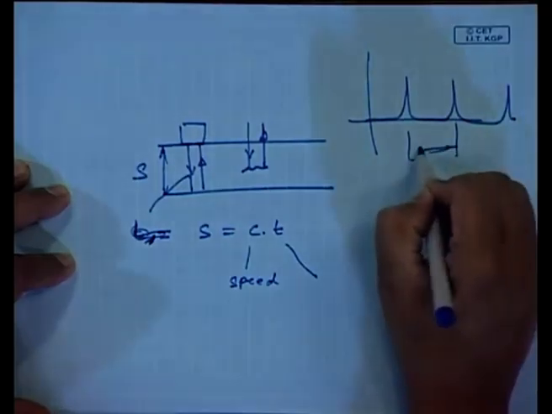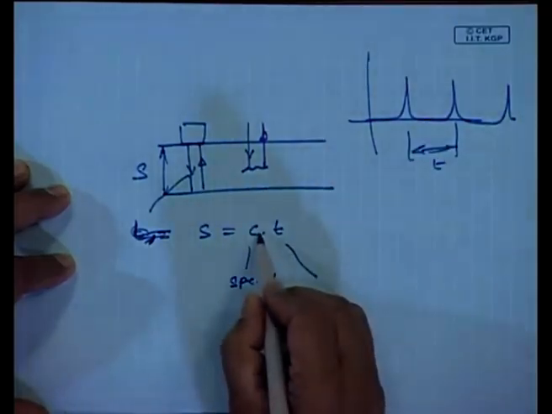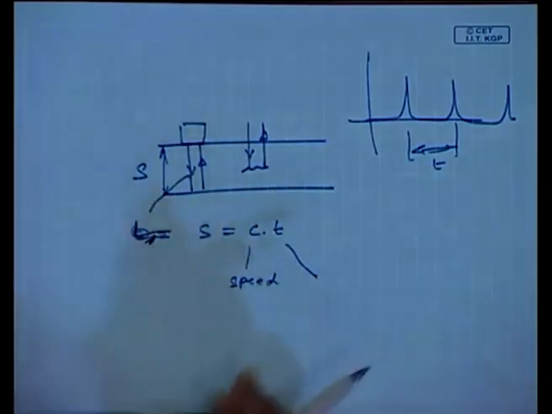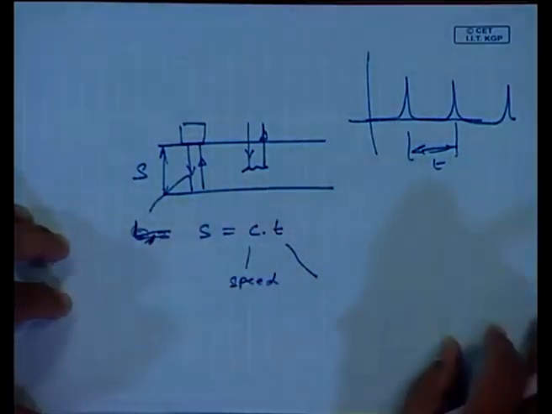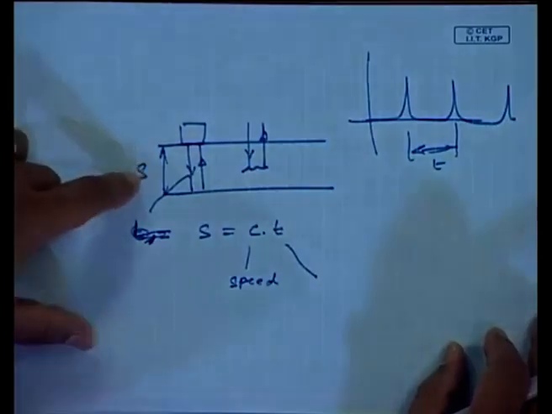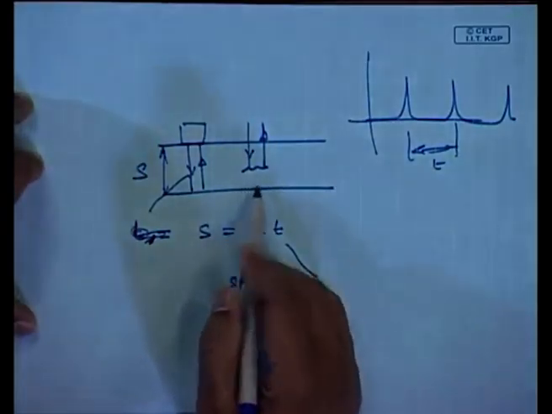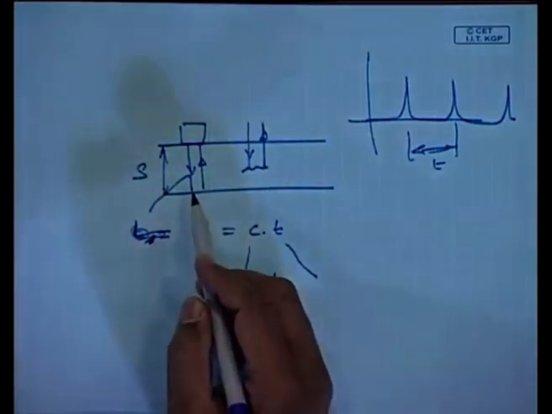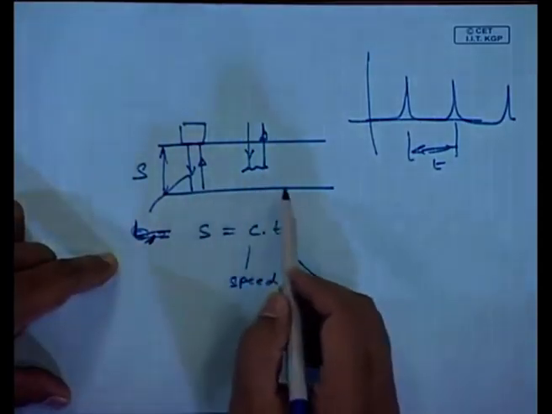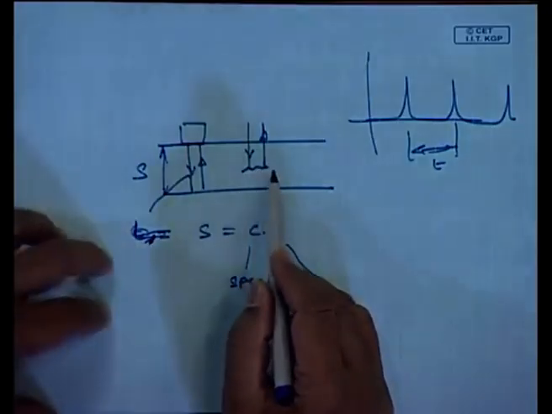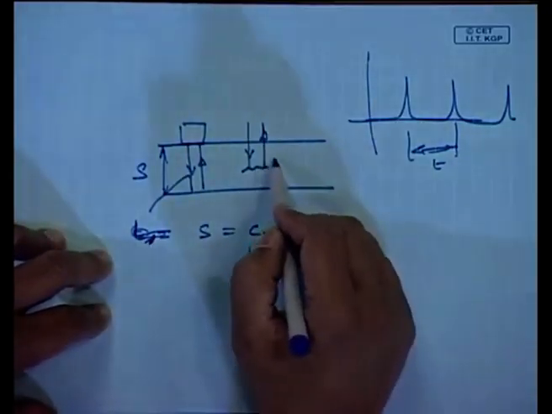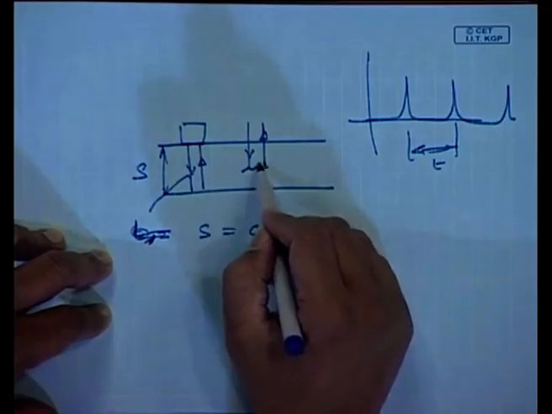So by knowing t, and c being set by you, you can know what S is. This is the principle behind the ultrasonic thickness gauge, and because high frequency waves are always very directional, this gauge could also be used to detect cracks, as ultrasonic crack detectors. Vice versa, you will see how much time it took.